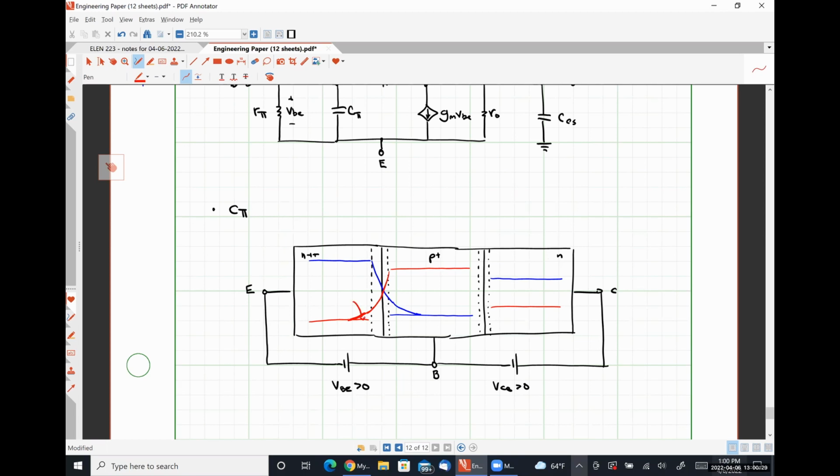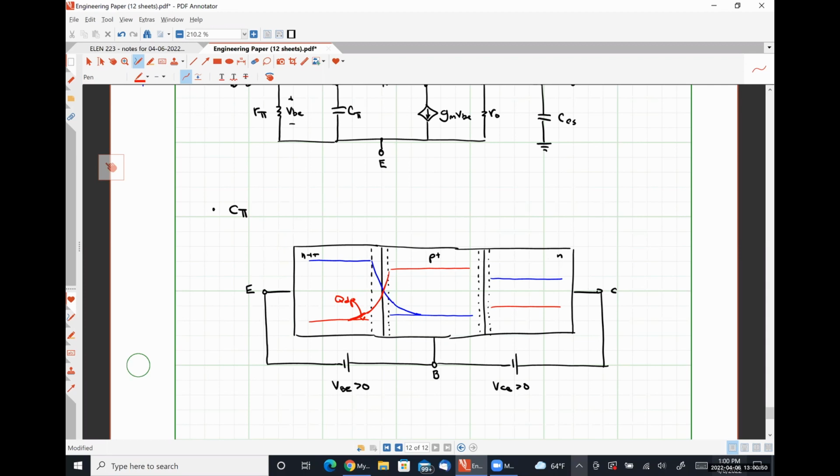So we're going to have a charge here that I'm going to call QDP, okay, which represents excess holes above the, I guess you call it extrinsic carrier concentration of holes in this region, right?